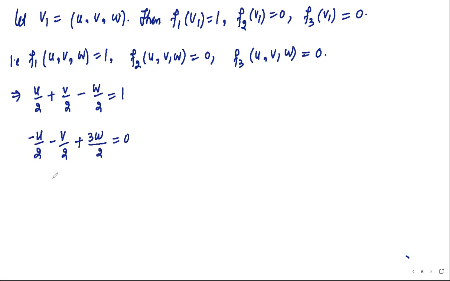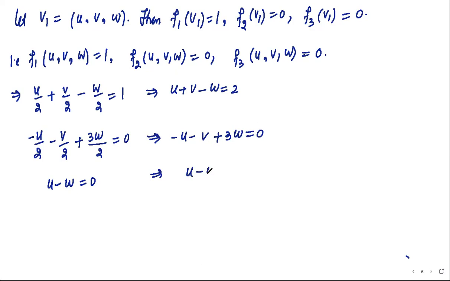And third is x minus z, that is u minus w, this is equal to 0. So now multiplying both sides by 2, this gives us u plus v minus w is equal to 2. And this equation implies minus u minus v plus 3w is equal to 0. And this equation is same as u minus w is equal to 0.